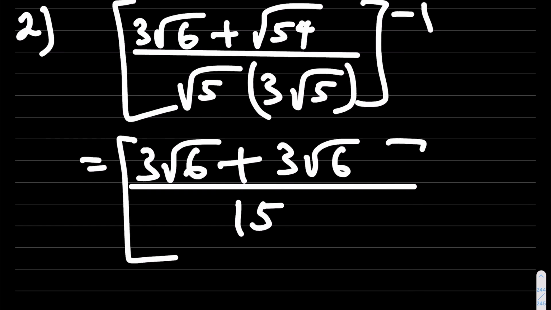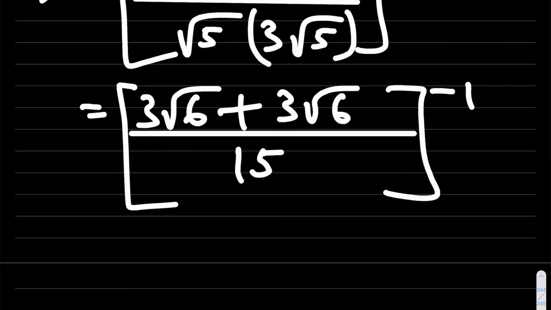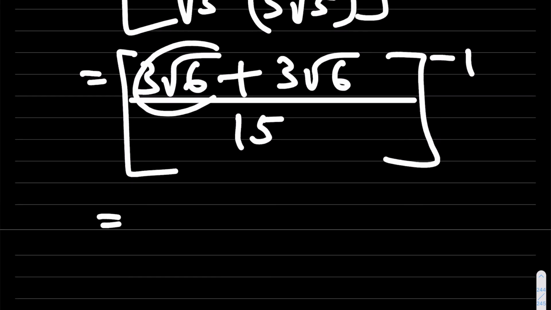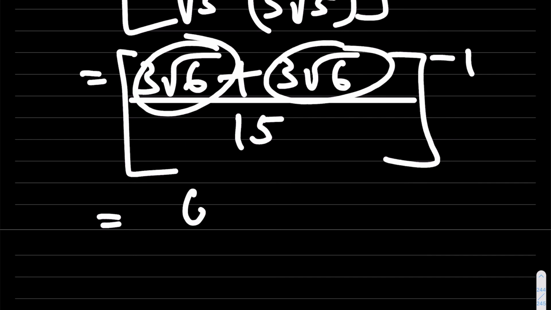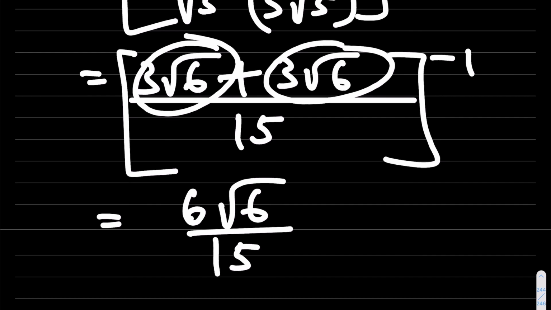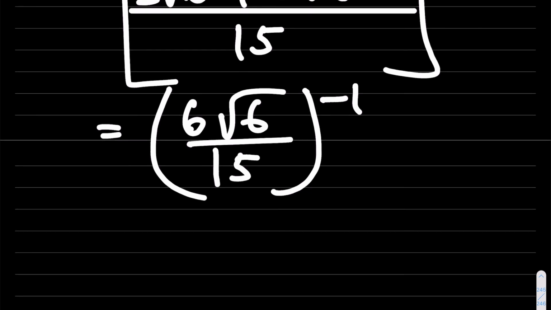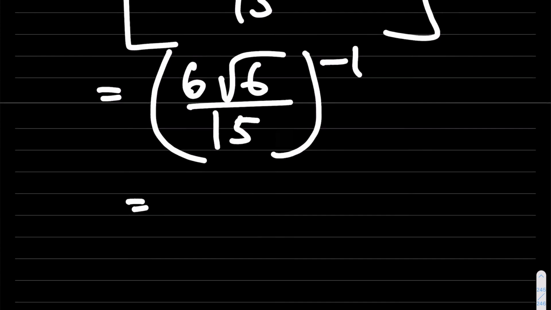The whole of that raised to power minus 1 equals 3 root 6 plus 3 root 6, which is 6 root 6, all over 15, raised to power minus 1. 6 over 15 is the same as 2 over 5.